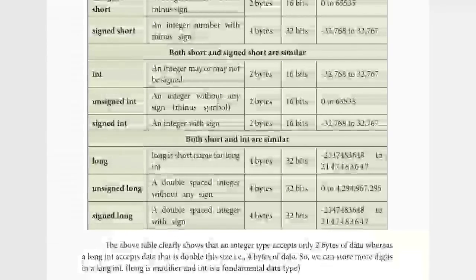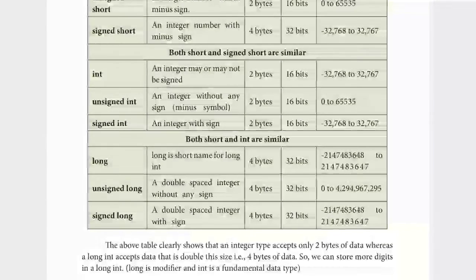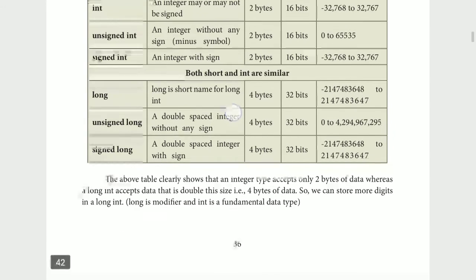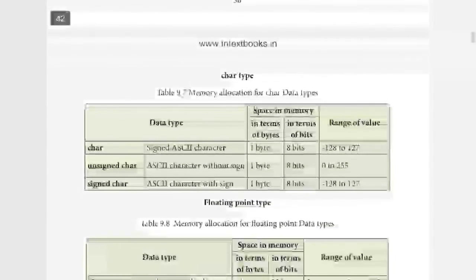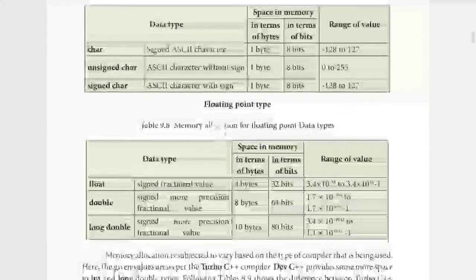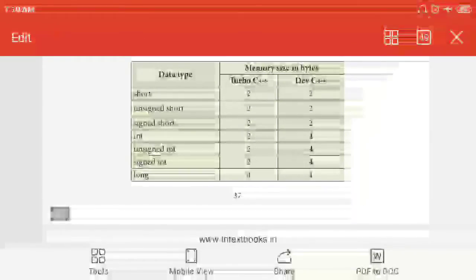So these are all the different modifiers that can be used on the fundamental data types to expand or reduce the memory location according to your needs. This kind of table will be available for all four data types: integer, character, float and double.